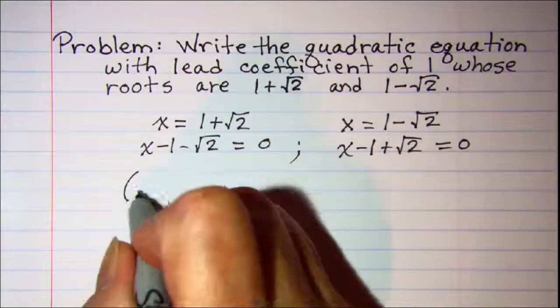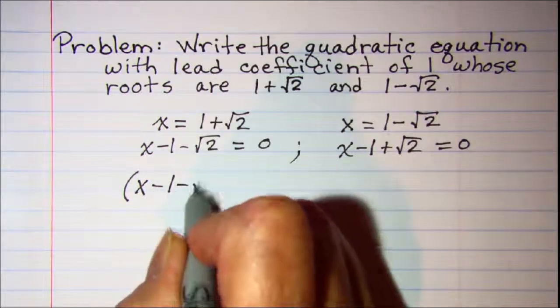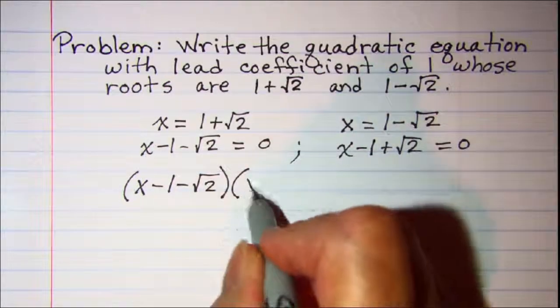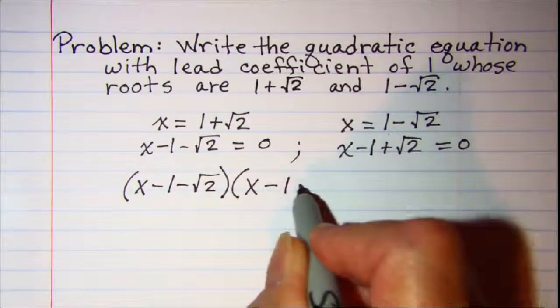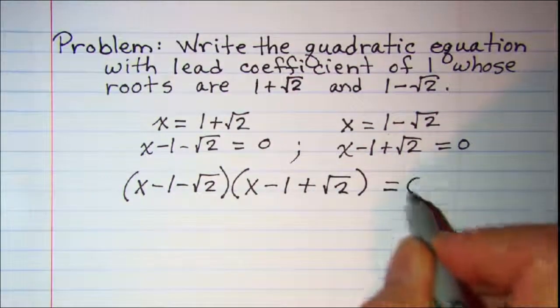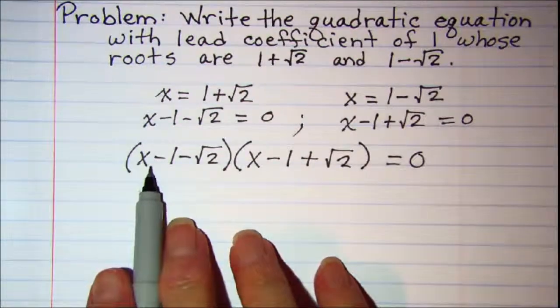Now we'll put these two factors into one equation. So we have (x - 1 - radical 2) multiplied by (x - 1 + radical 2) equals 0. Okay, we need to distribute to multiply this out.